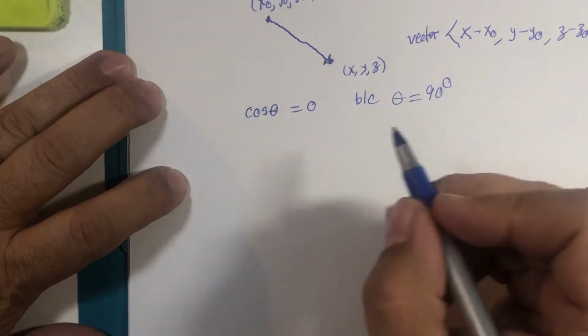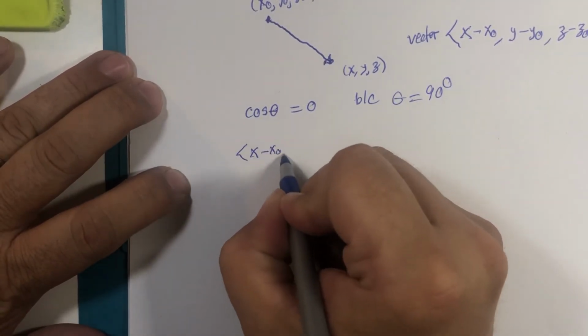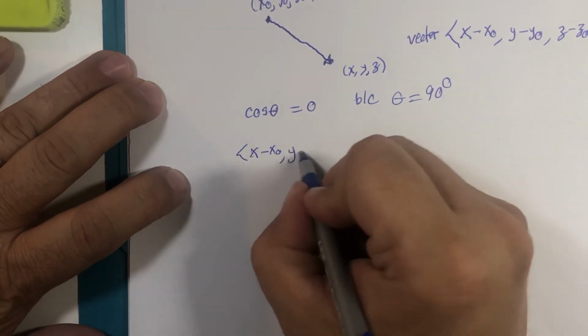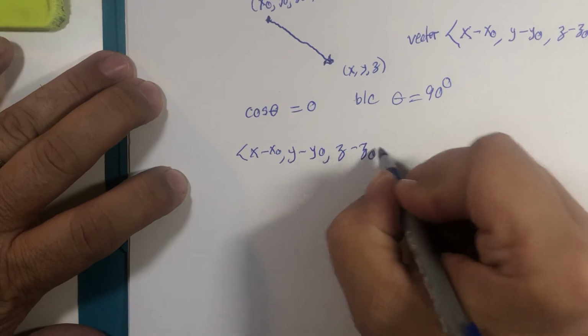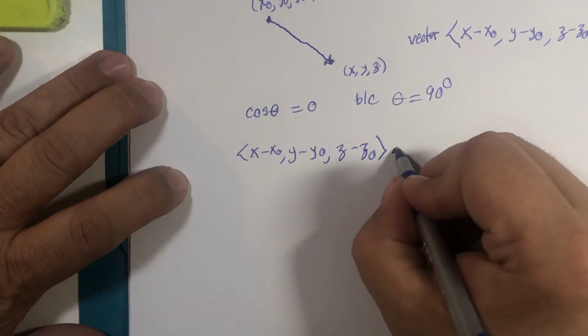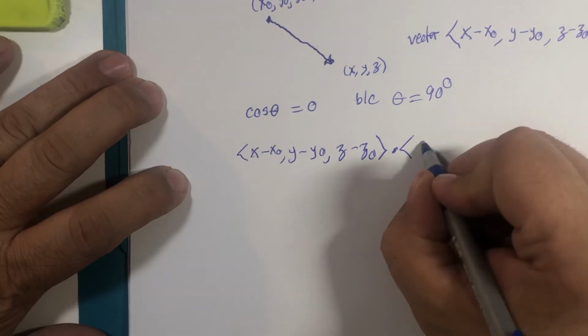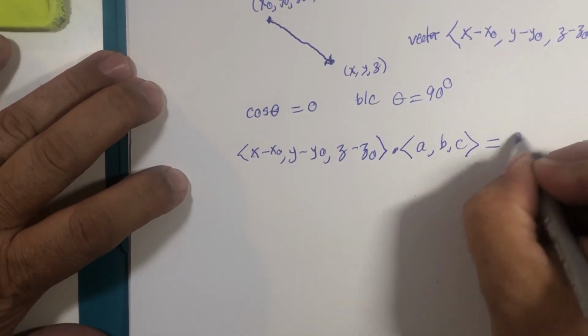What that means is the dot product of this vector, apparently I can't write and talk at the same time. So the random vector on the plane, dot product the normal vector, that should be 0.